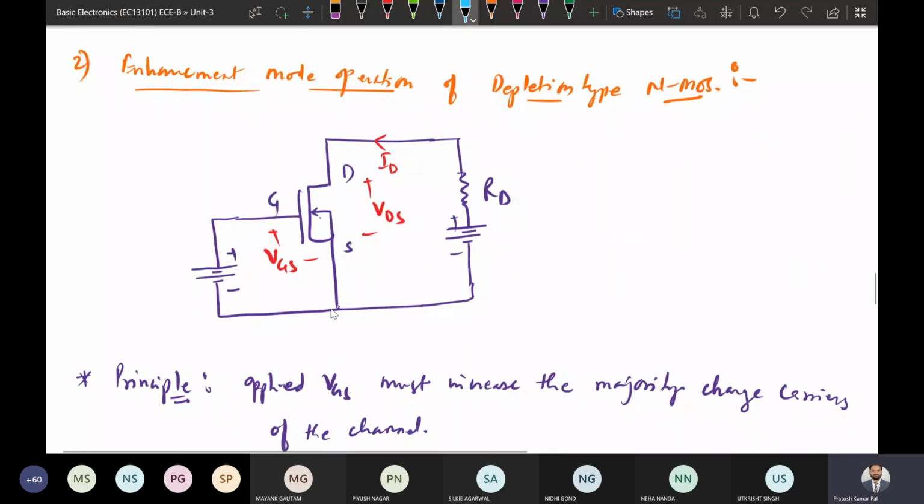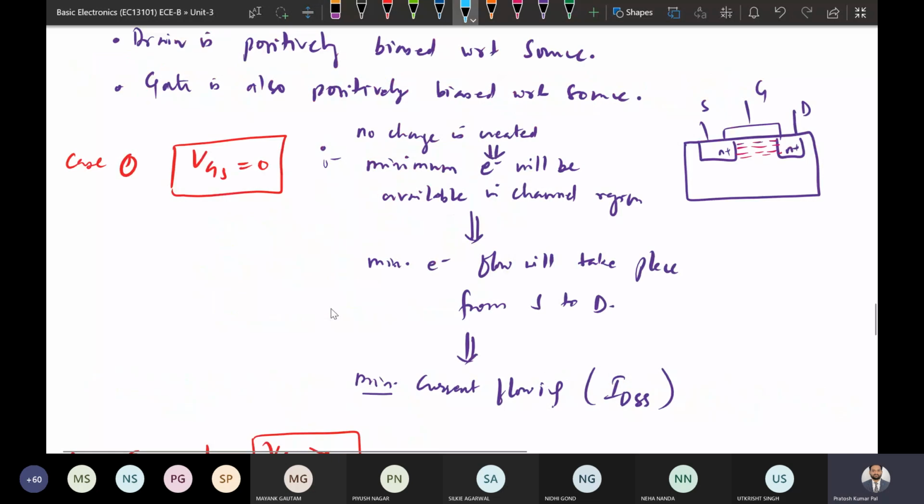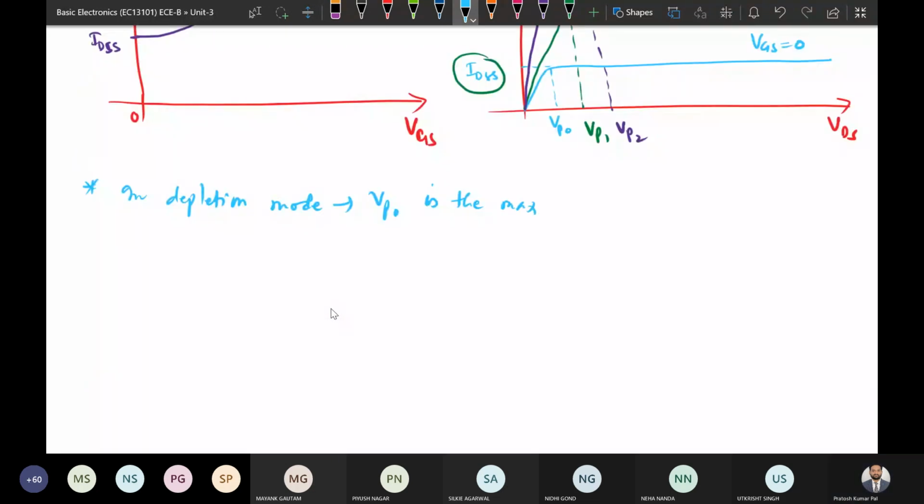So in case of depletion mode, VP0 is the maximum pinch off voltage. But in case of here, this VP0 is the minimum amongst all. There are different pinch off voltages there, but the VP0 will be minimum.